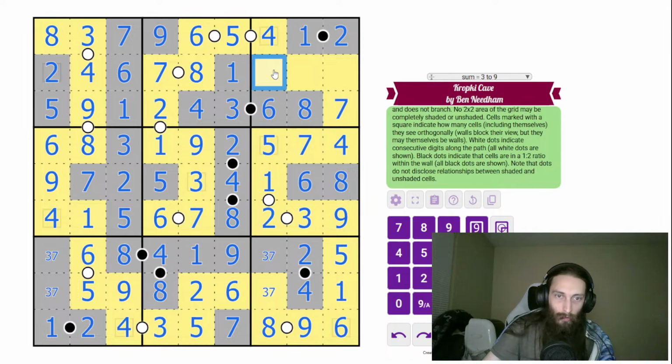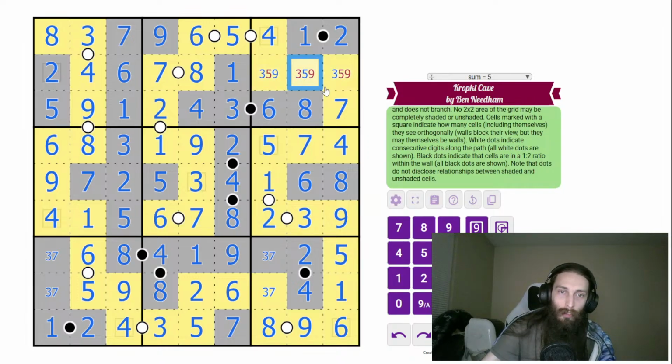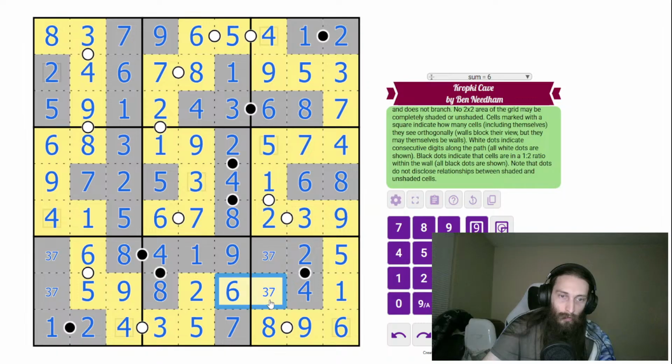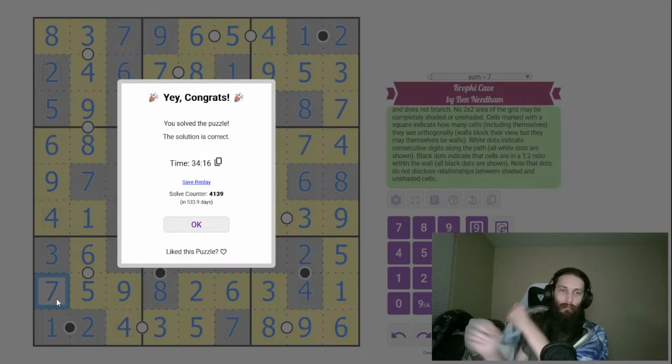Don't know what those are. This one, actually all 3 of these are finished. 3, 5, and 9, where we get a 3, 5, and a 9. So 6 can't be next to 7, 8 can't be next to 7. So there we go. First try.